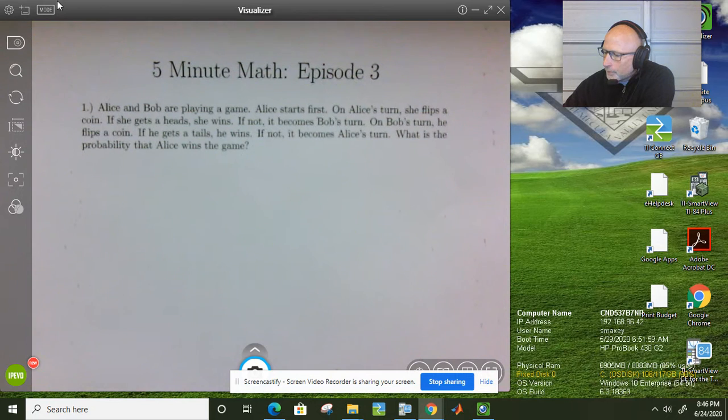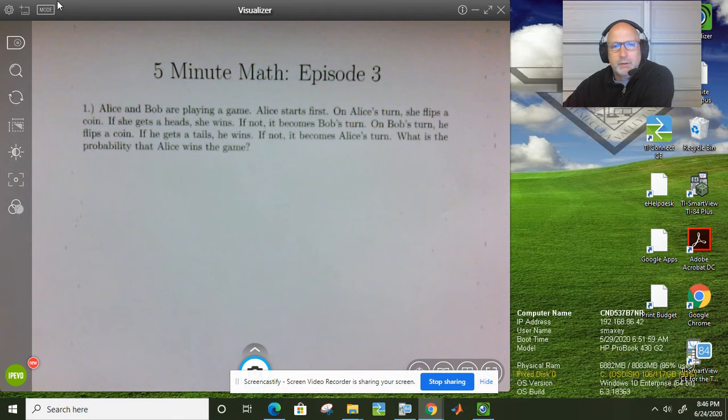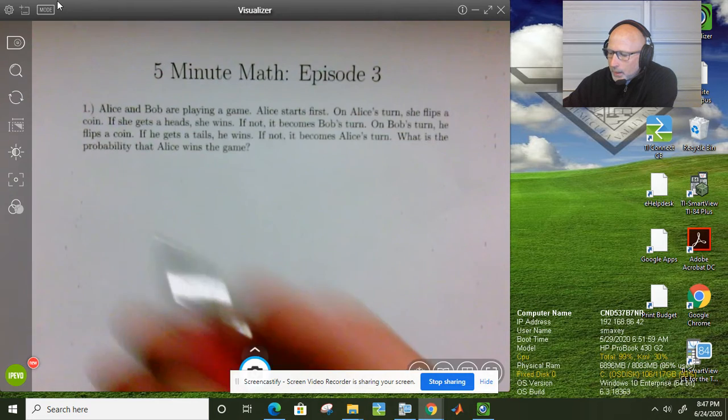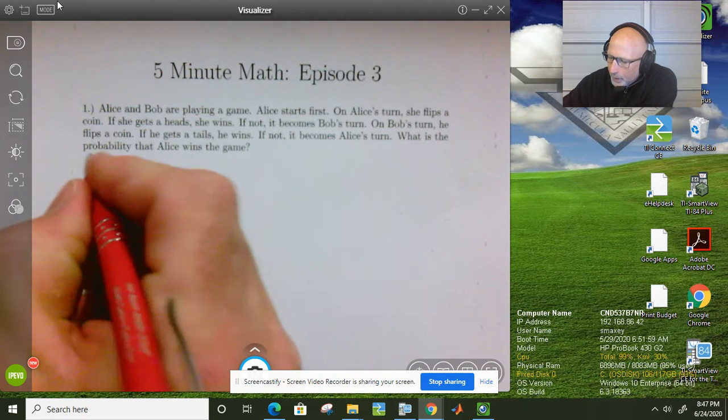Okay, so we should ask ourselves, how exactly does this game work? They take turns flipping a coin. If Alice gets heads, she wins. If Bob gets tails, he wins. It doesn't really matter because it's a 50-50 chance anyway, but that's how it works. So how does she win? We're trying to find the probability.